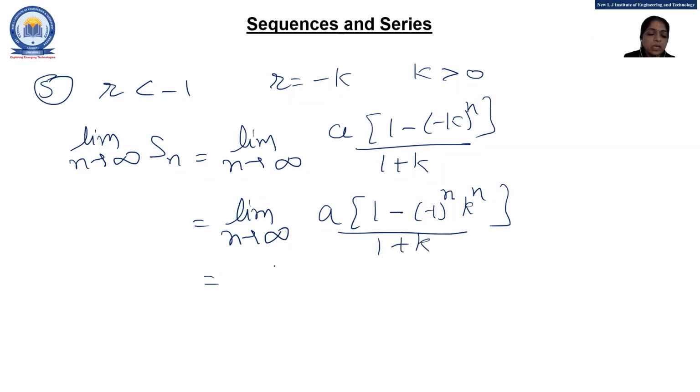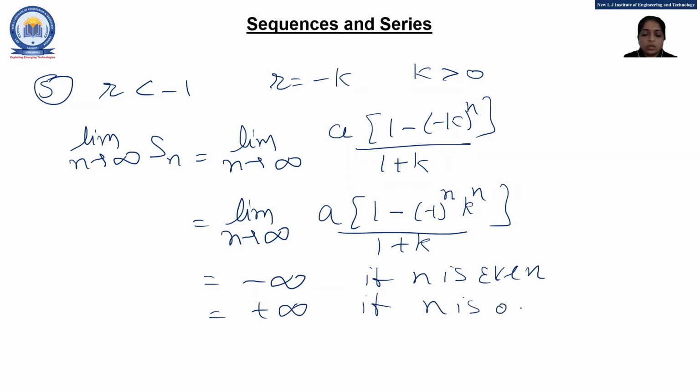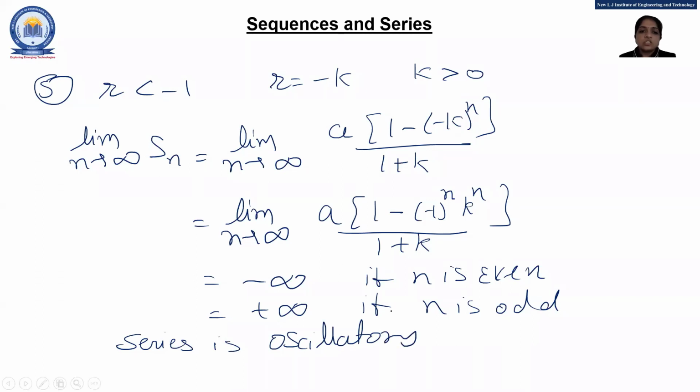By applying n tends to infinity, here minus infinity if n is even, and plus infinity if n is odd. It means two different answers are there. So the series is oscillatory, right?